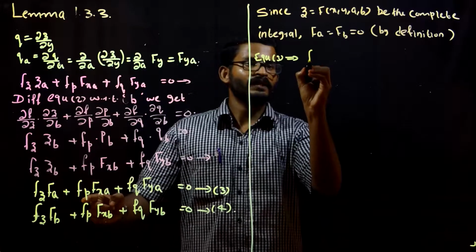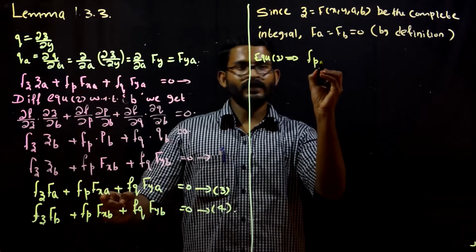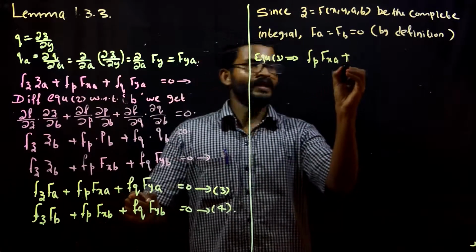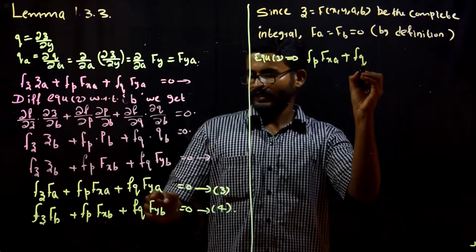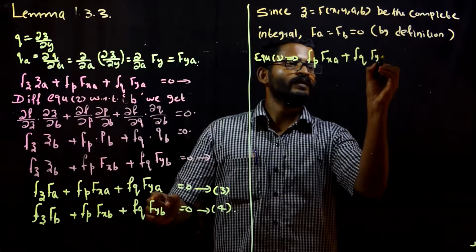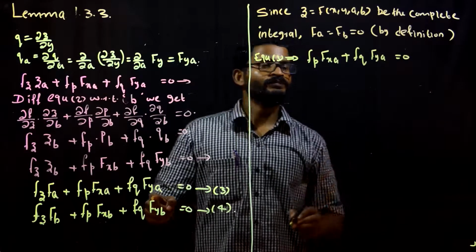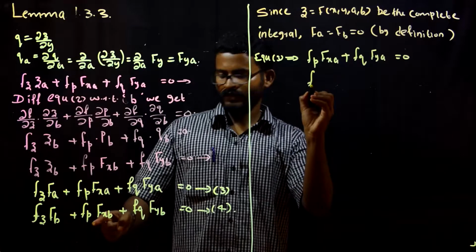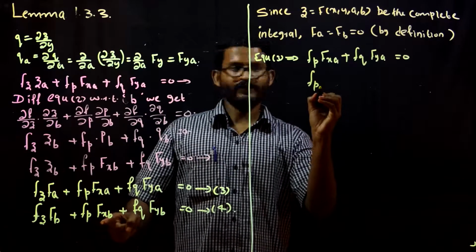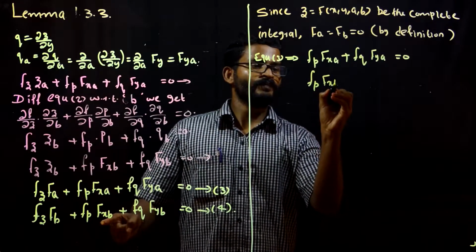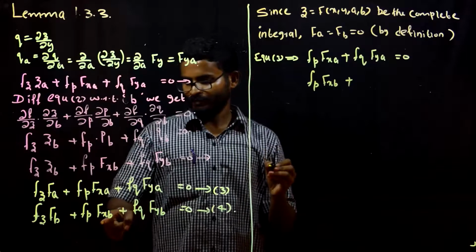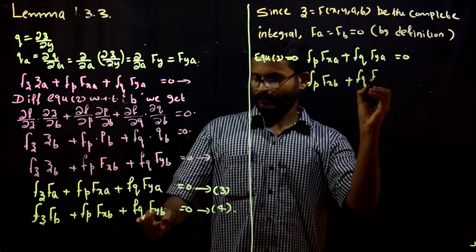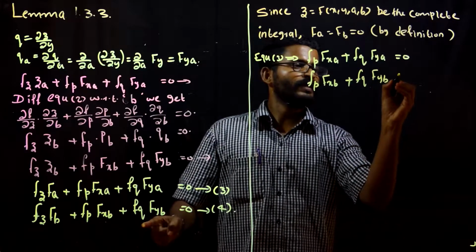And this is f_p F_xa plus f_q F_ya equal to 0, and f_p F_xb plus f_q F_yb equal to 0.